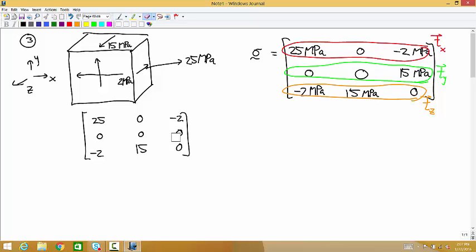Yes, thank you. 15. And then to find the traction on the positive x face, you do this. And you'd get 25 plus 0, and then 0 plus 0 plus 0, and then negative 2 plus 0 plus 0.